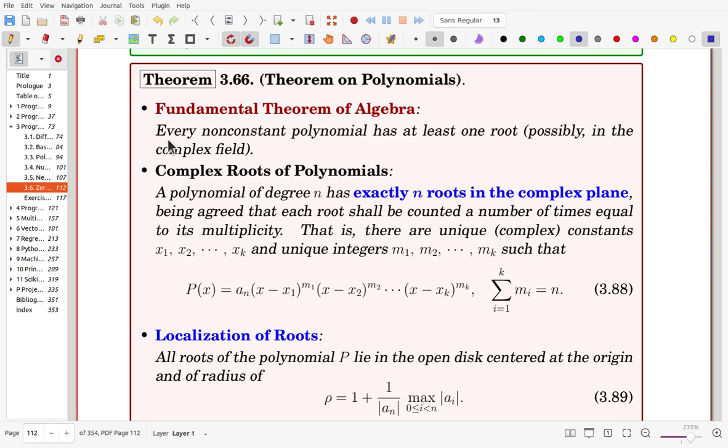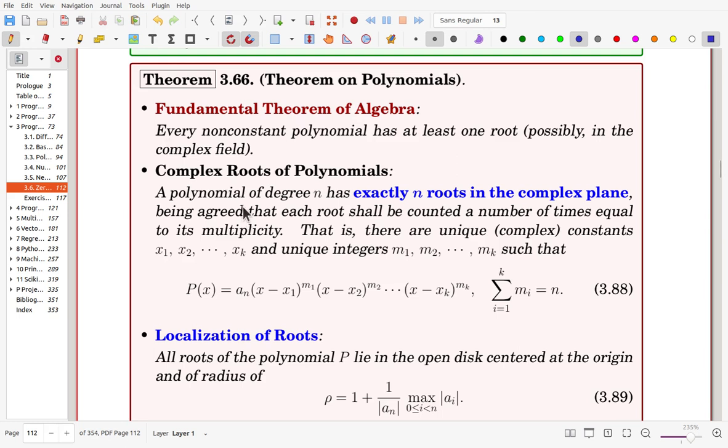Now for cubic polynomials, they have at least one linear factor, and the other part, the quotient, must be quadratic, and a quadratic can be expressed as a product of two linear factors, so that eventually polynomials of degree n can be expressed as a product of n linear factors.